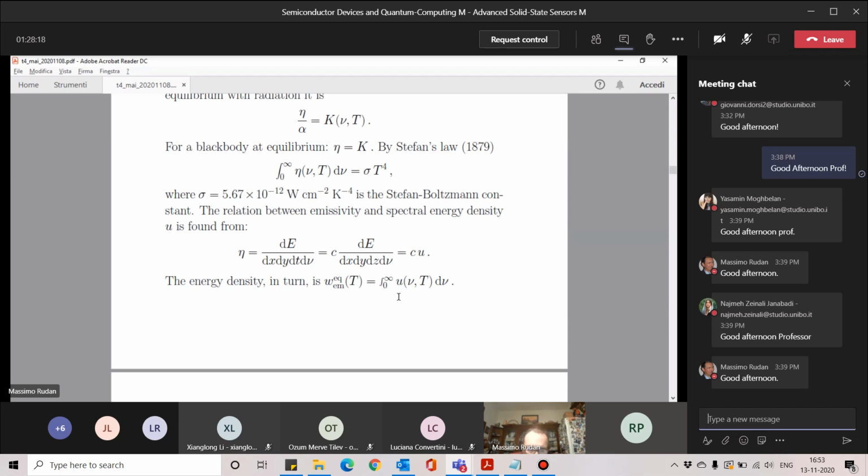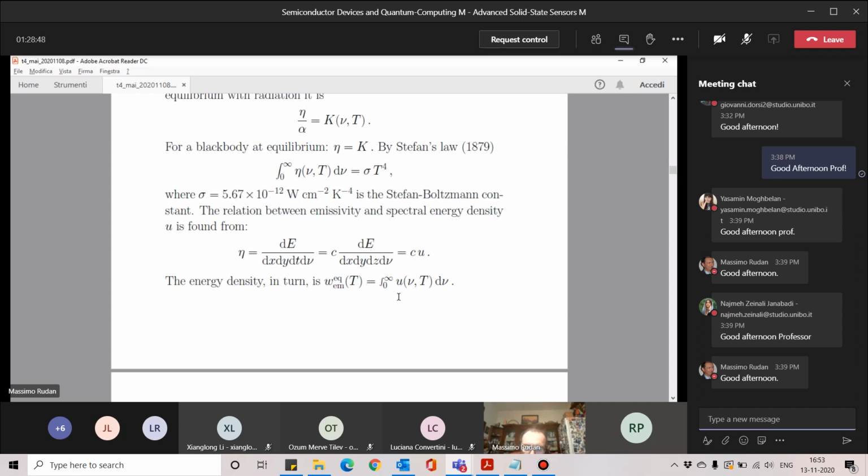And this is something that can be done, as you know. So then we take an infinitesimal interval of frequency, dν, and calculate how many frequencies there are in the elementary interval. Okay, so how many frequencies belong to that interval.